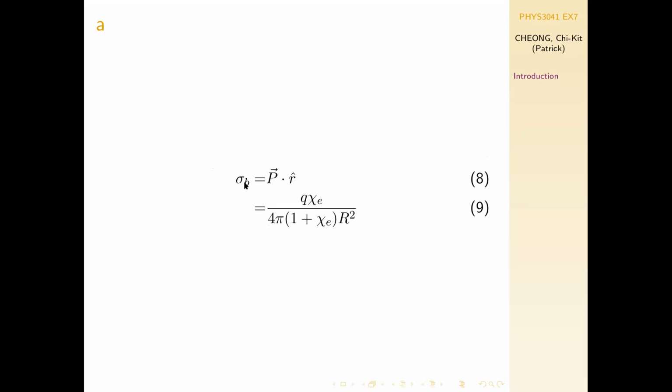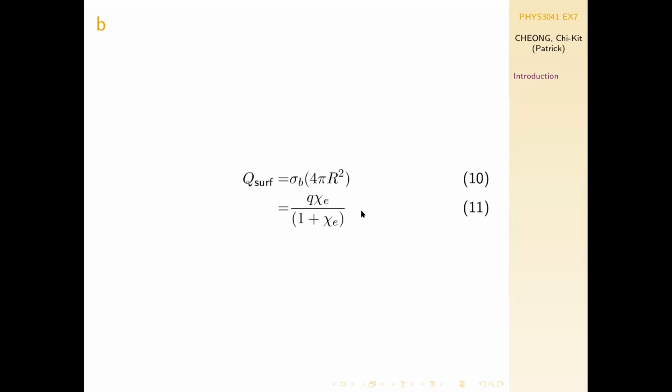The surface bound charge equals P dot the normal vector at the surface. Again, we simply substitute P from equation 8 and evaluate this at the surface, that means for r equals capital R. So this is the surface bound charge.